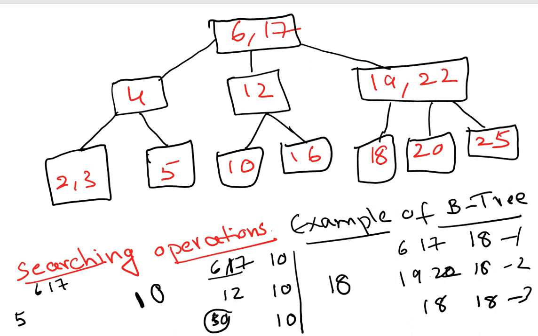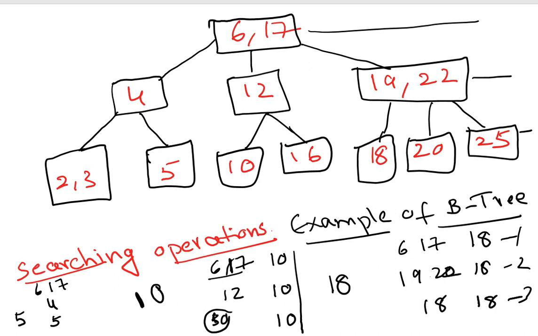Now let me ask, for 25, how many operations are there? 4, sir? The first search, second search, third search. 3, sir? Yes, 3 searches we require. This is how we can find an element. Like that, we can perform the searching operation here.